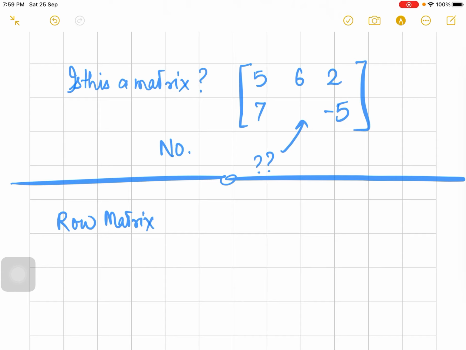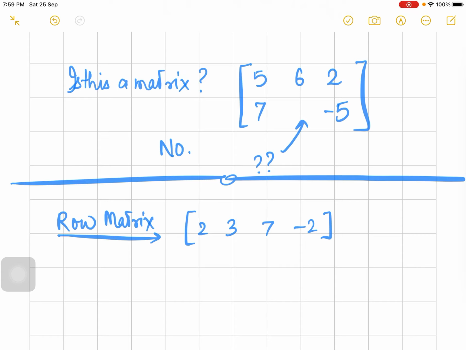Let's talk about some very simple categories. Row matrix. Let's say I have a matrix which is a flat one: 2, 3, 7, -2. What do you see here? There's a single row. We don't have 2 rows or 3 rows. Whenever you see that there's a single row, you can call it a row matrix.